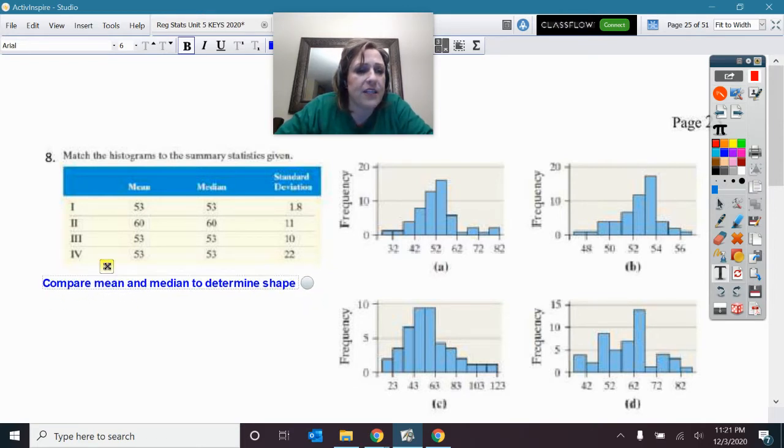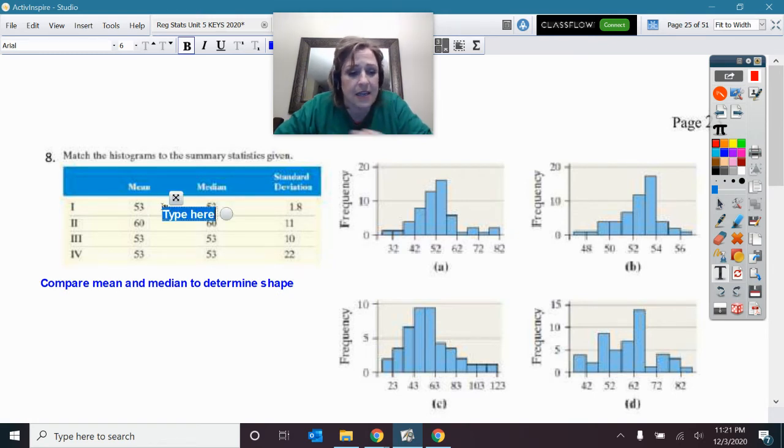If I do this in this case, I can see that all of these are about equal. So in my mind, what that's telling me is that these are all somewhat symmetric. And that's tough, because they don't look perfectly symmetric to me.